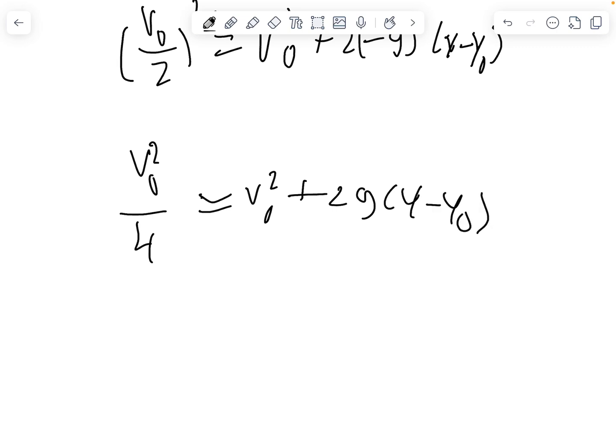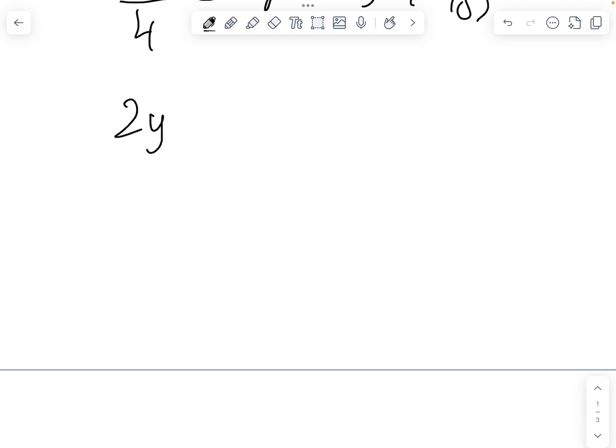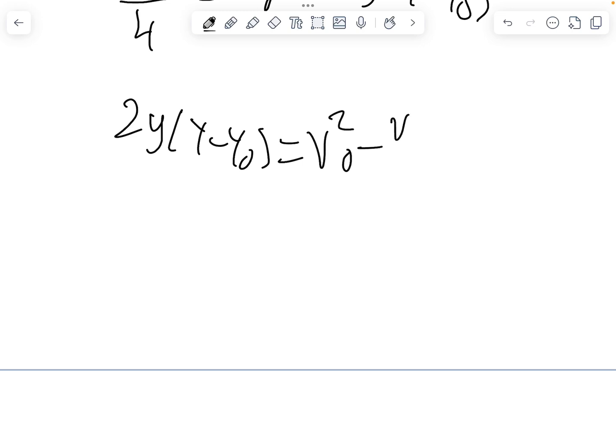Then we're going to rearrange it to be 2g times (y minus y zero) equals initial velocity squared minus initial velocity squared over 4.